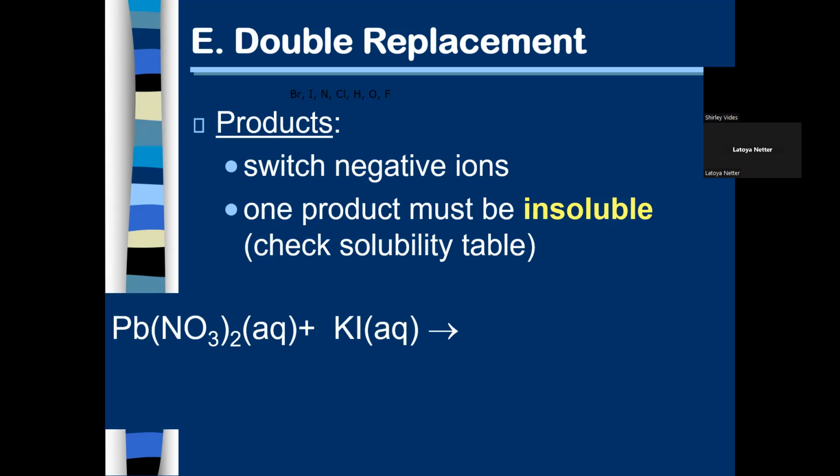Okay, right here, lead 2 nitrate and potassium iodide are going to happen because potassium nitrate and lead 2 iodide are soluble. Right. See, one is insoluble, the lead.